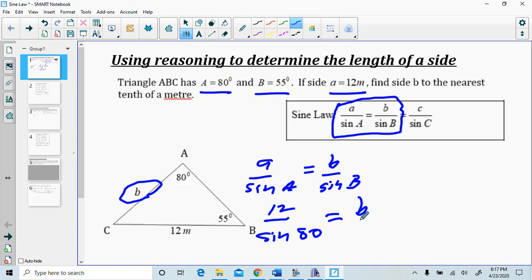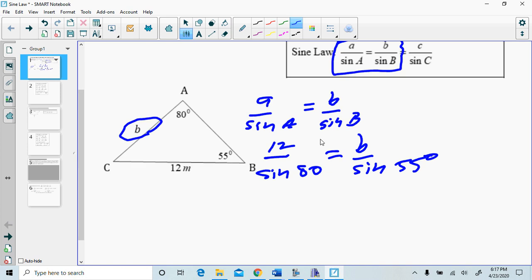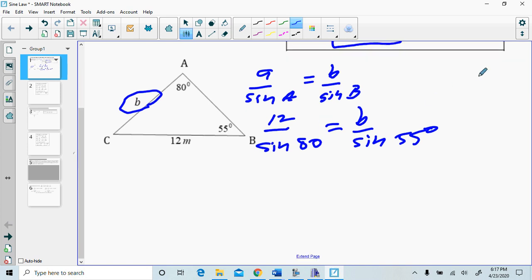B we don't know, trying to find that, over sine B, which is 55 degrees. Okay, then from there, we're going to isolate for what we need, in this case B. And you can do that using the cross multiplication shortcut or algebra. Either way you do it, you're going to be left with B equals 12 times sine of 55 over sine of 80.